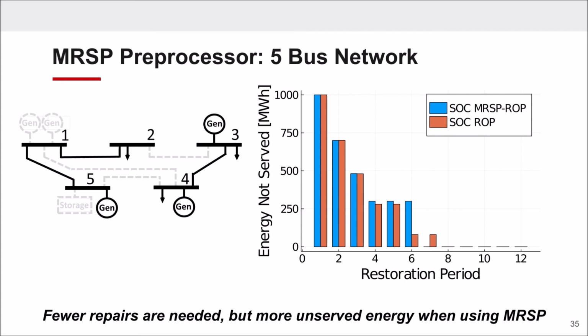So there's this sort of a trade-off there. Basically, it means that this is a heuristic preprocessor, but one thing to note is that solving both of these problems back to back, the minimum restoration set problem followed by the restoration ordering problem, was significantly faster than just solving the restoration ordering problem on the full network.